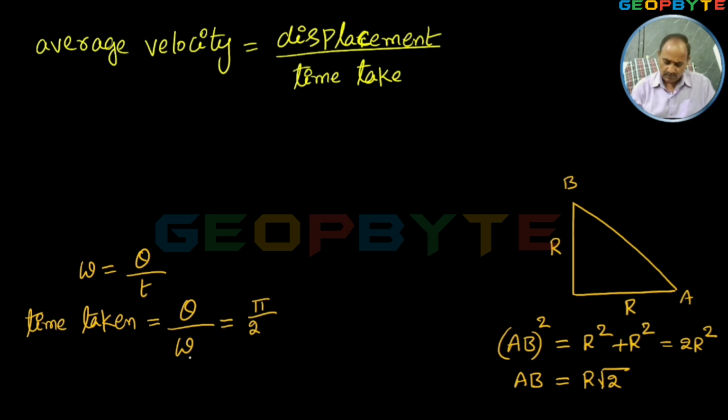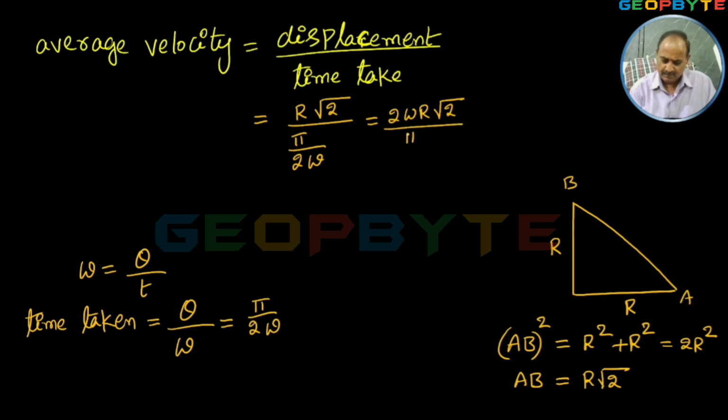So the time taken is pi by 2 omega. Here displacement is R root 2, divided by time taken pi by 2 omega. It is equal to 2 omega R root 2 divided by pi. That is the average velocity.